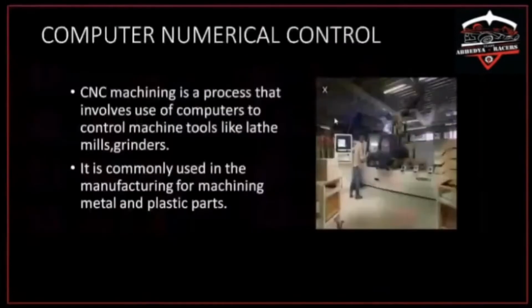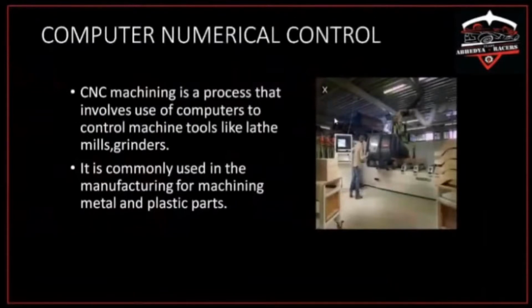Computer numerical control. CNC machining is a process that involves use of computers to control machine tools like lathe, mills, grinders. It is commonly used in the manufacturing for machining metal and plastic parts.